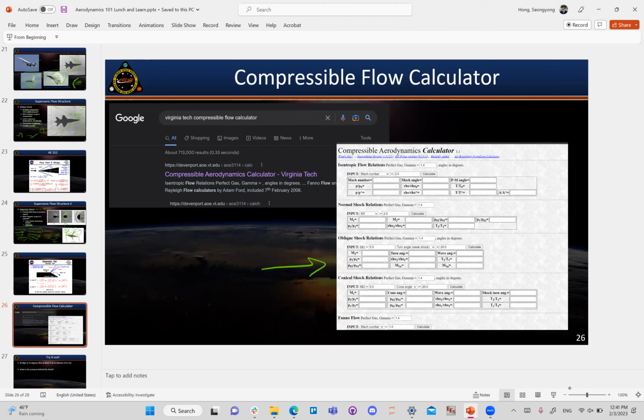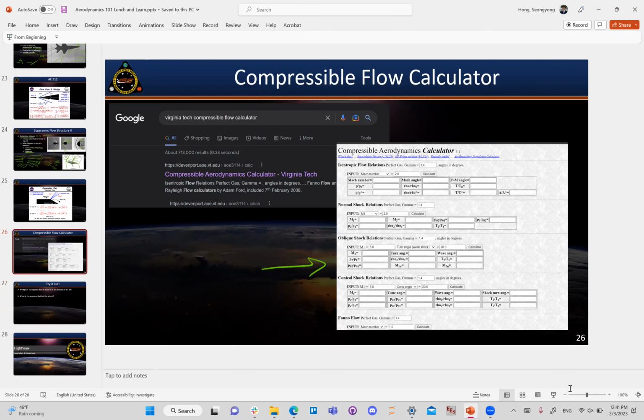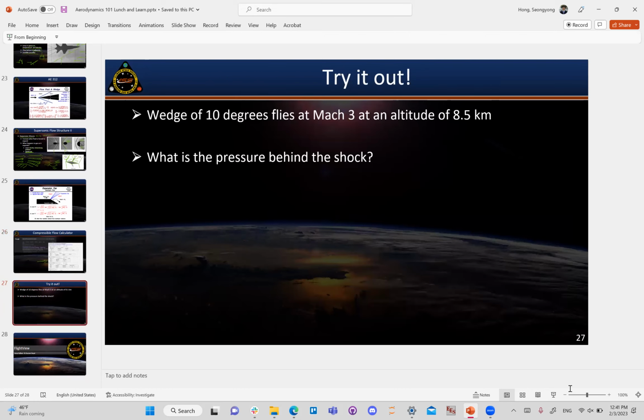Let me give you an example problem that hopefully you are able to solve now because you are aerodynamicist or aerodynamicist adjacent. I feel like I am aerodynamicist adjacent, and so that makes you adjacent to adjacent. Anyway, you have a wedge of 10 degrees. This 10 degrees here is the wedge angle.